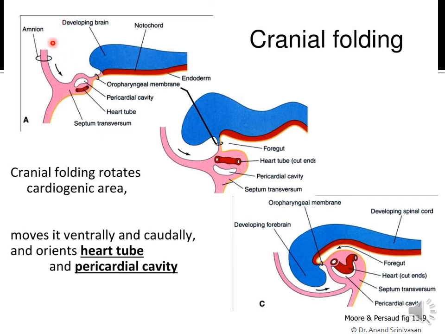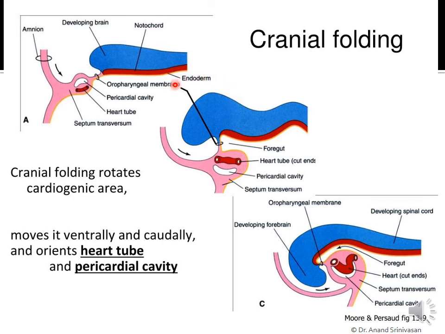So during this cephalocaudal folding as well as the lateral folding, the heart is brought towards the thorax. Here you can see the developing brain, the oropharyngeal membrane, which is the future mouth, the pericardial cavity and the heart tube. This is the septum transversum, which later on develops into the diaphragm.